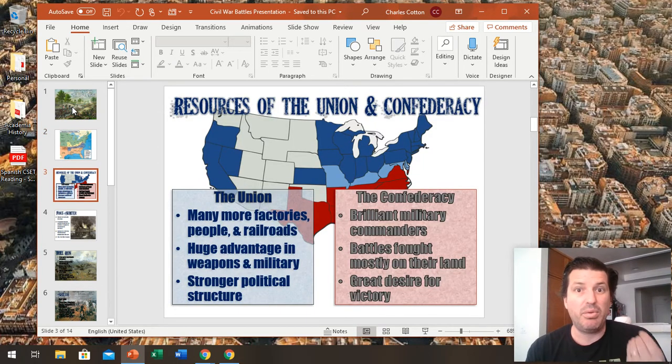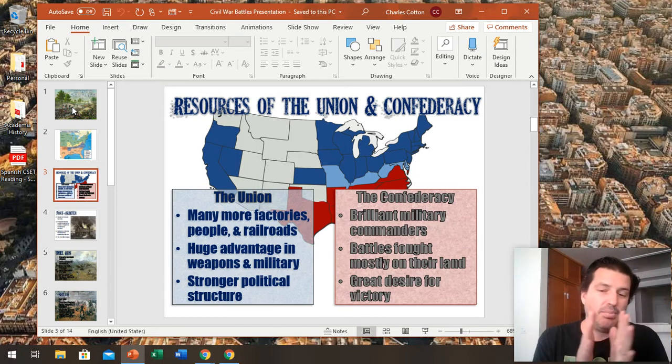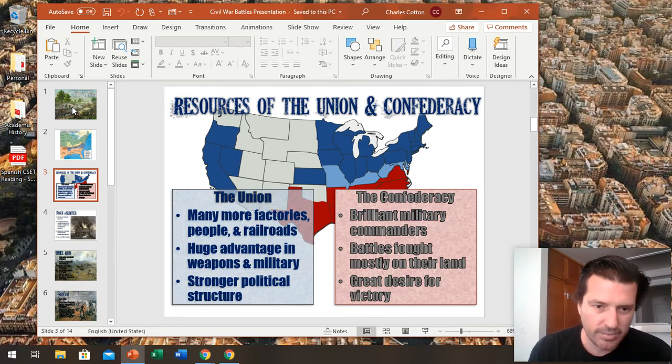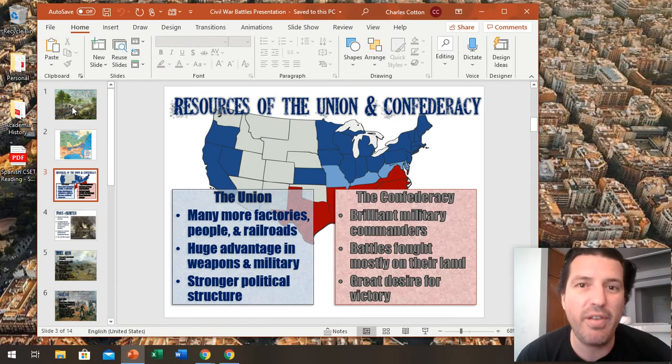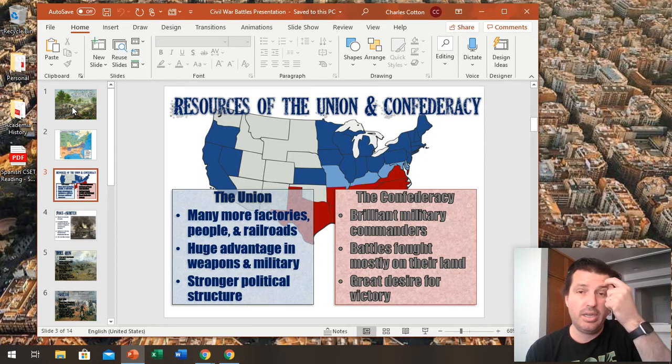Like we've talked about before, the North was wealthier than the South. They had more money. They had more factories. They did more manufacturing, more roads, more railroads, more infrastructure. This was an advantage that the North could use.